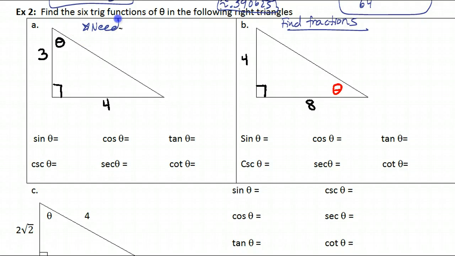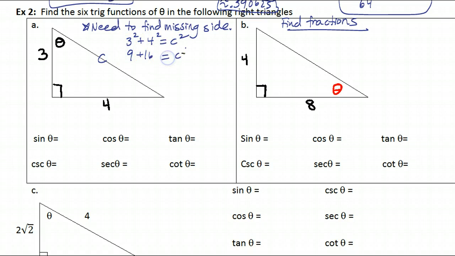I need to find the missing side, and I'm going to use a squared plus b squared equals c squared. Remember, hypotenuse is always c. So this one I can put 3 squared plus 4 squared equals c squared. And I end up with 9 plus 16, which is really convenient because it ends up being a whole number when I square root. So square root of 25 is 5. So c equals 5.